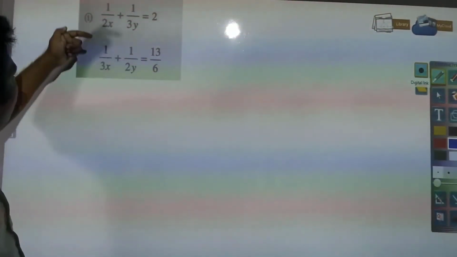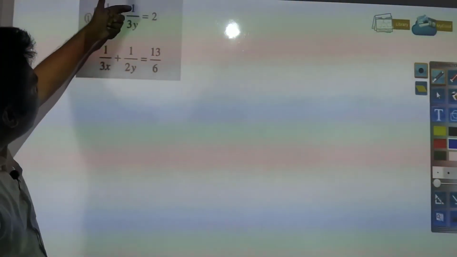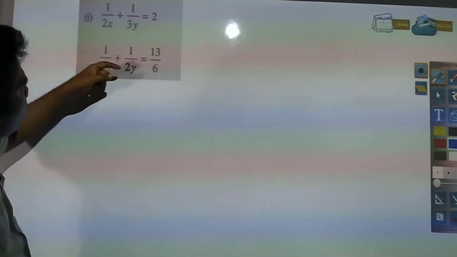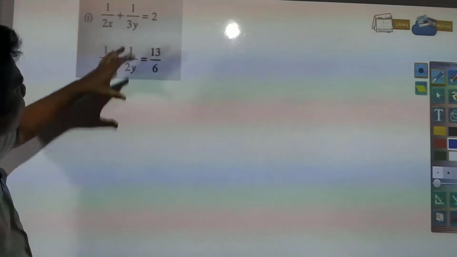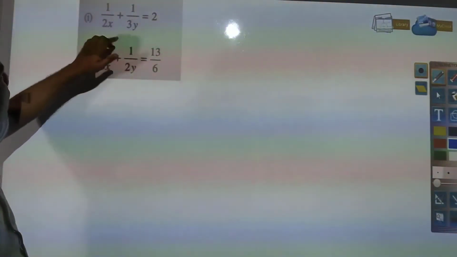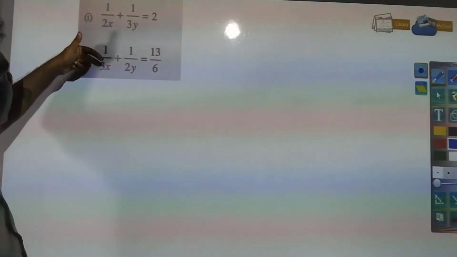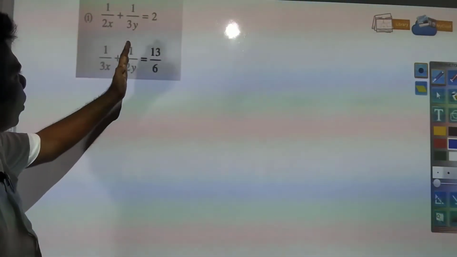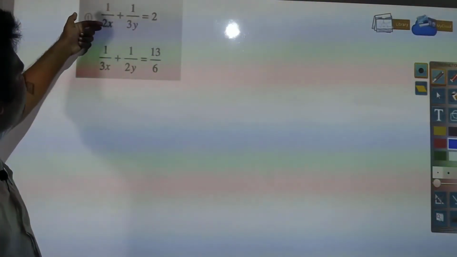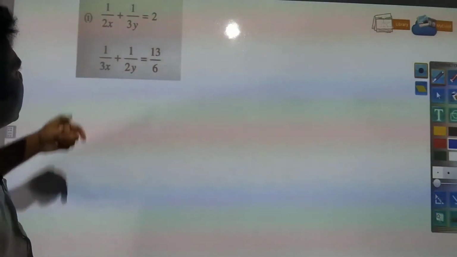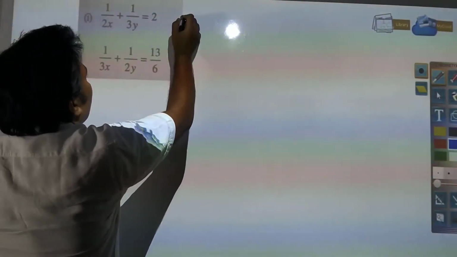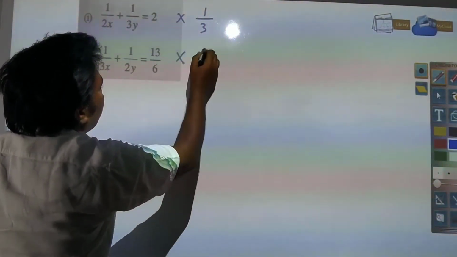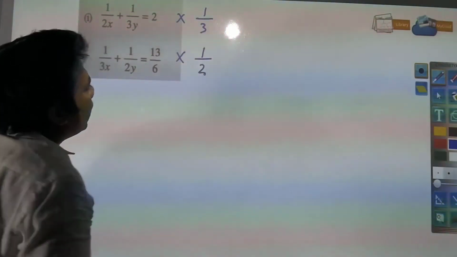Here you see we have 1 by 2x and 1 by 3y. Here we have 1 by 3x and 1 by 2y. This is not equal. So what is required to be done? We will try to make equal at least one variable, either x or y. Here we have 2x and here we have 3x. Here you see what we will do. We will multiply by 1 by 3 and here we will multiply by 1 by 2.